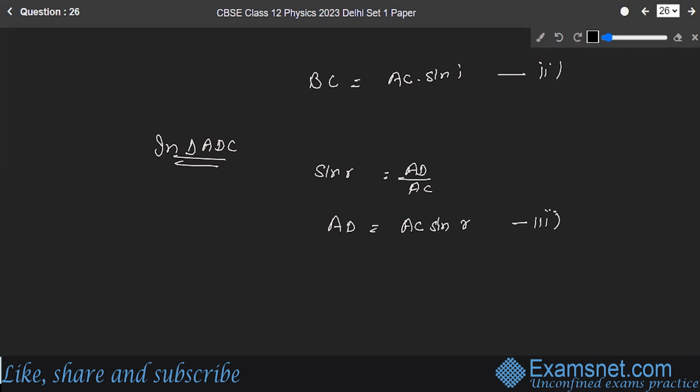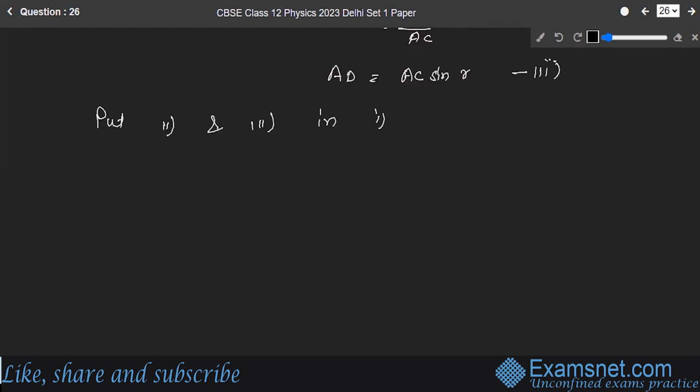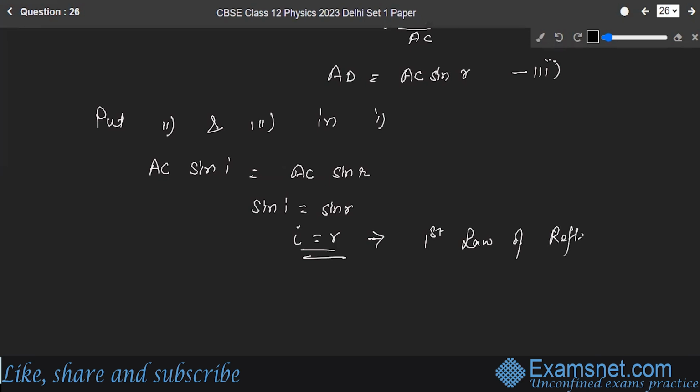Now putting 2 and 3 in equation 1, you will get AC into sine I is equal to AC into sine R. That gives you sine I is equal to sine R, or angle I is equal to angle R. This is your first law of reflection, right?